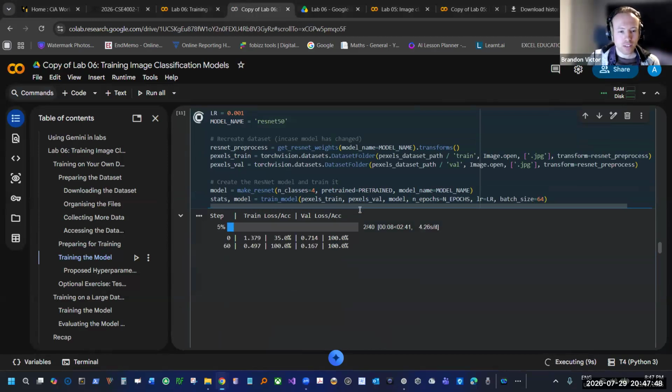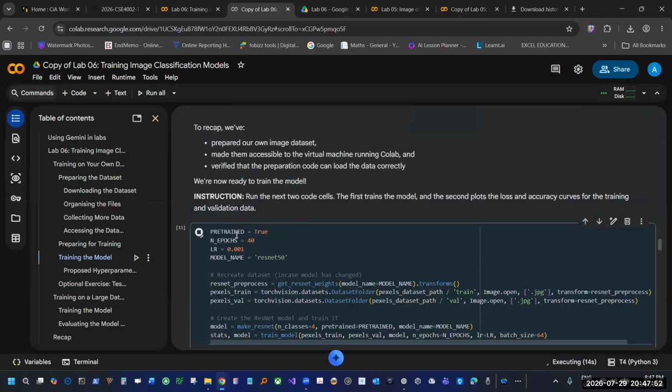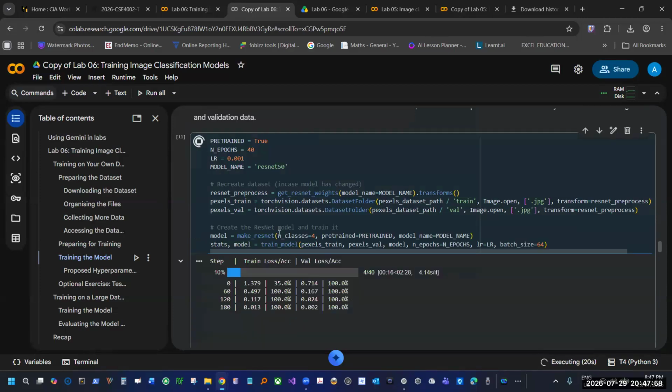So for example, what could be the effect of pre-trained true and false? There's kind of a theoretical answer to that.